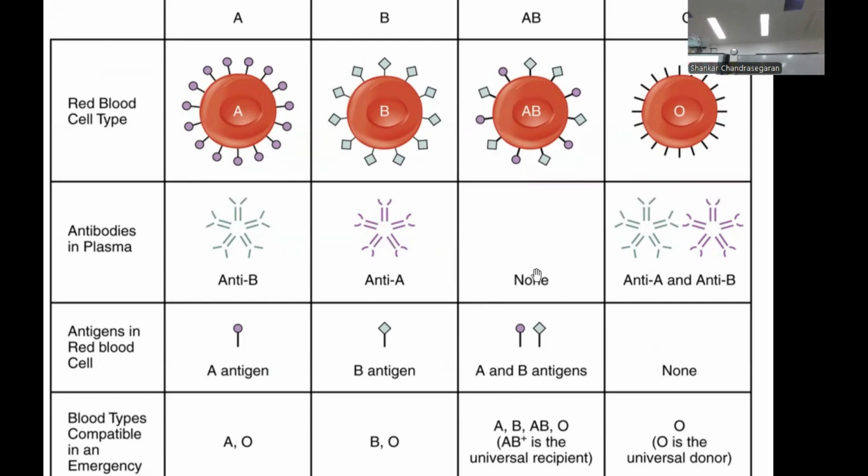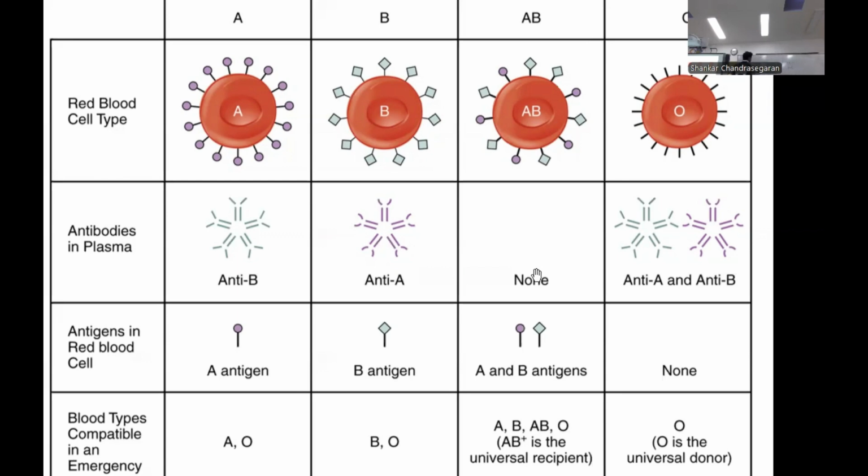So the antigens on this red blood cell will still be recognized by the cells that are detecting antigens in the... Okay, let me try to draw this out, to be less confusing. Okay, so let's say the donor is someone in A and the recipient is someone in AB, right?